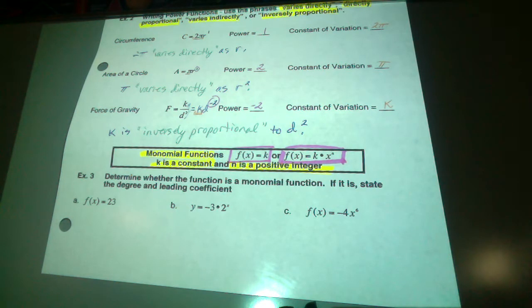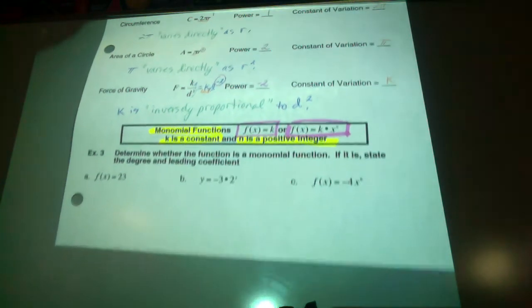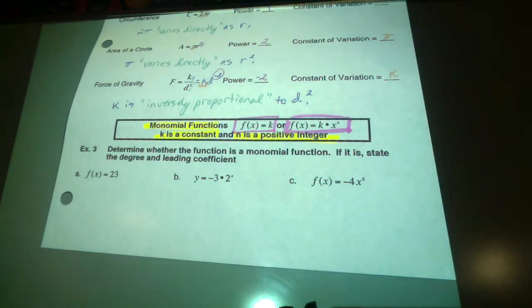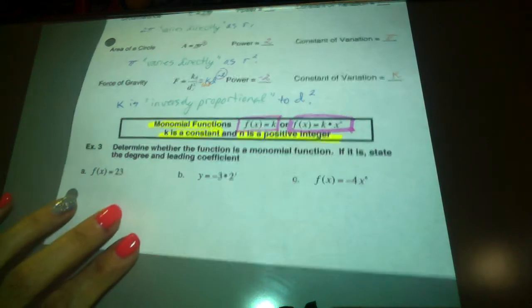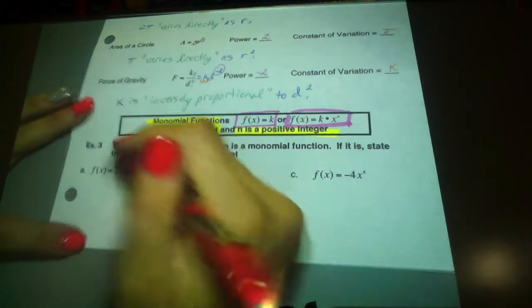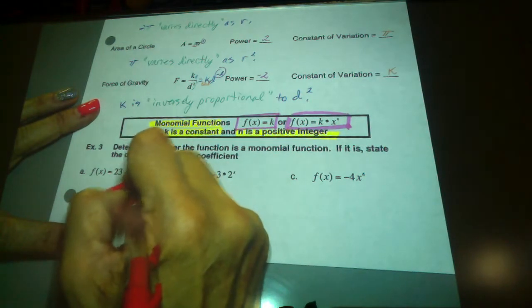All right, so determine whether the function is monomial. If it is, state the degree, the same as power, and the leading coefficient, the same as constant of variation. All one and the same. So A, yes or no? Yes, it is a constant monomial function.